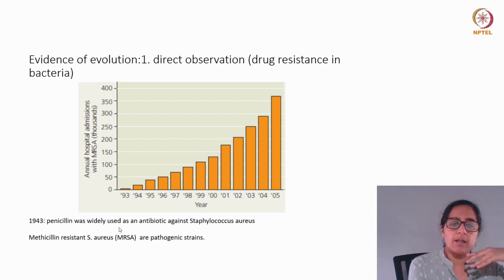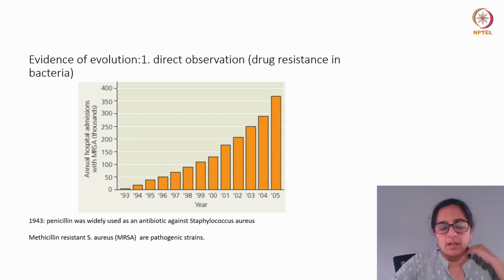So this is how drug resistance is developing, and this graph here is a demonstration or a summary of what I just told you, how drug resistance in bacteria has been developing over the years.